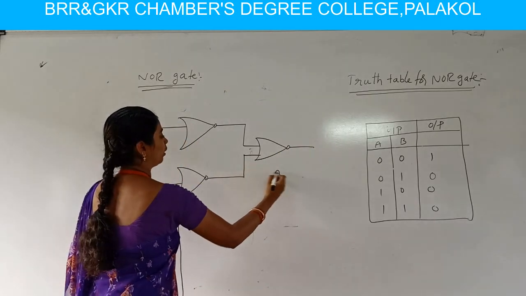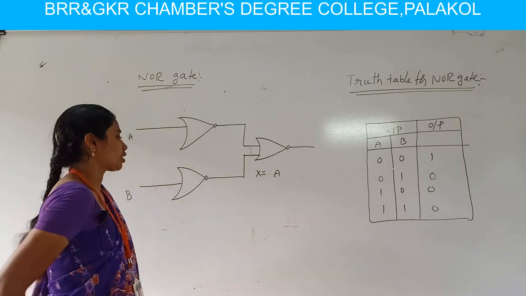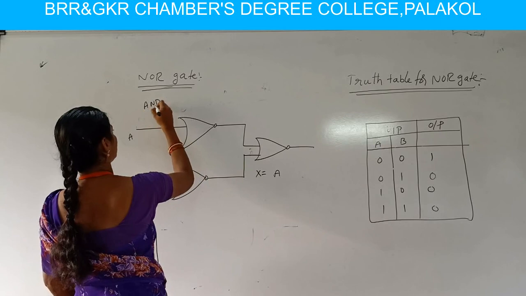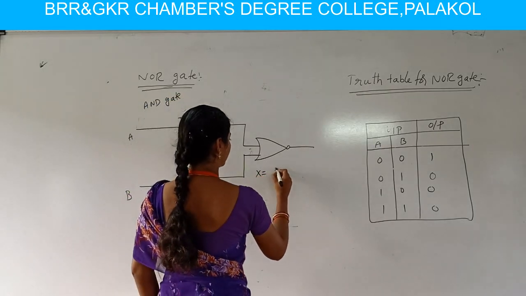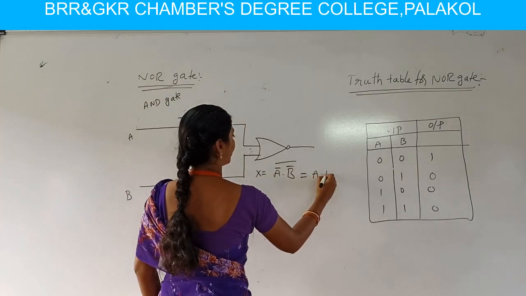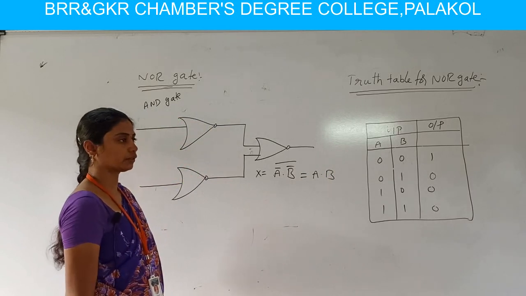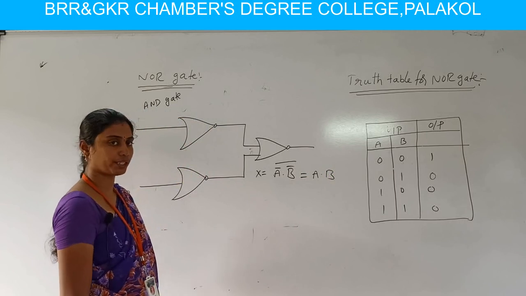So here the output X, which is the constructed gate, is the AND gate. A bar dot B bar whole bar gives A dot B, which is binary multiplication. The binary multiplication process is observed in the AND operation only.